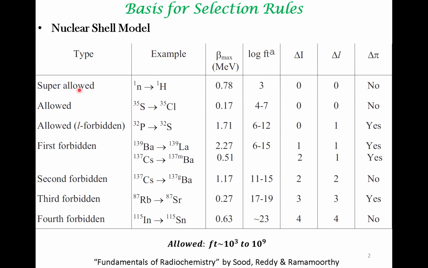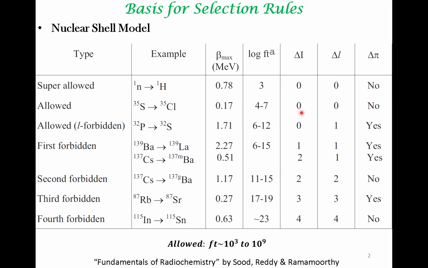For a typically allowed transition, we have also had a lecture on how you compute an approximate expression for log FT in a previous slide set. For an allowed transition, FT should be between 10 to the 3 to 10 to the 9, so log FT would be between 3 and 9, right?